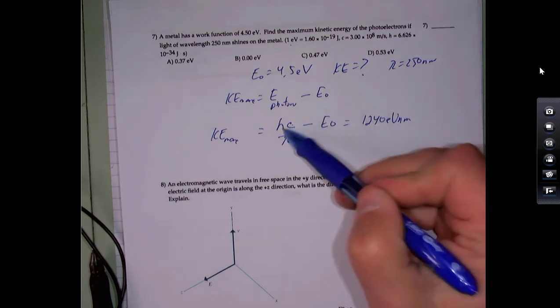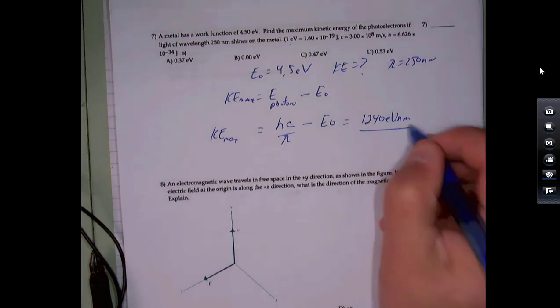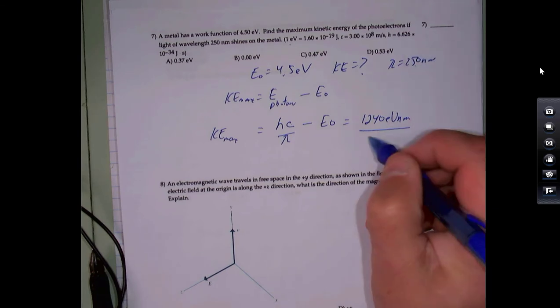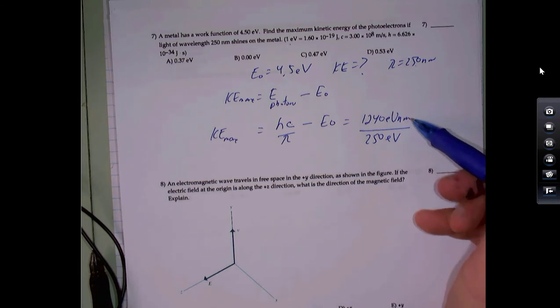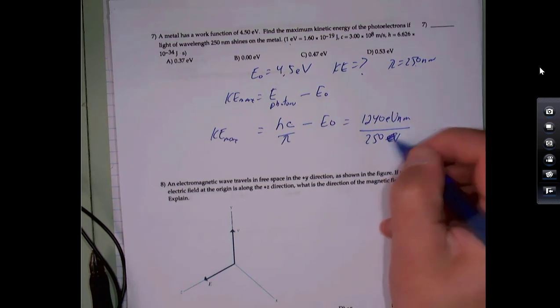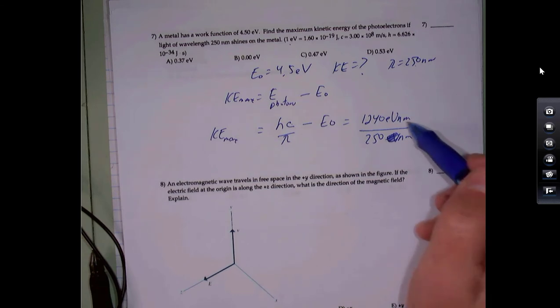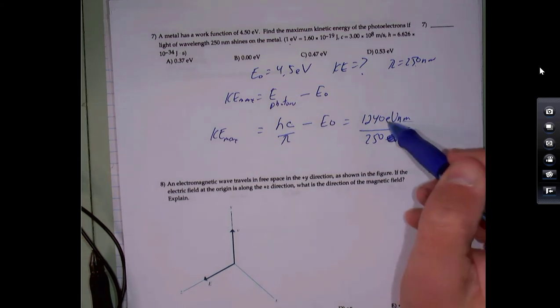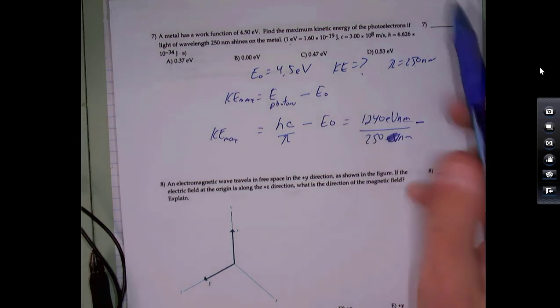That's what h times c is in electron volts. And then divided by the wavelength, 250 nanometers. So you can see the use of this. The nanometers cancel out, and we're left with eV. And then minus the work function, and the work function is 4.5.